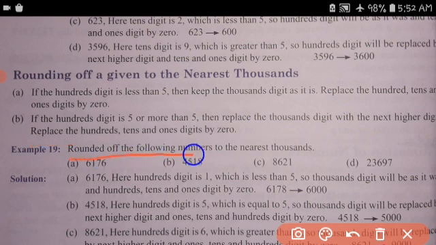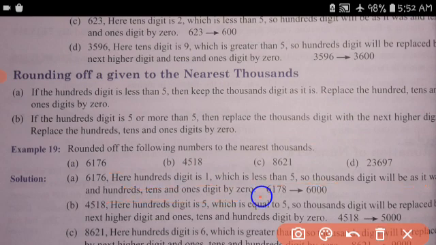Rounding of the following numbers to the nearest thousand. 6176. Here the hundreds digit is 1, which is less than 5, so the thousands digit will stay and the hundreds, tens and ones become 0.